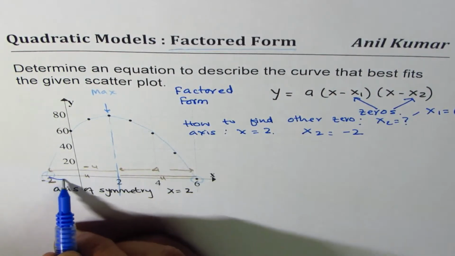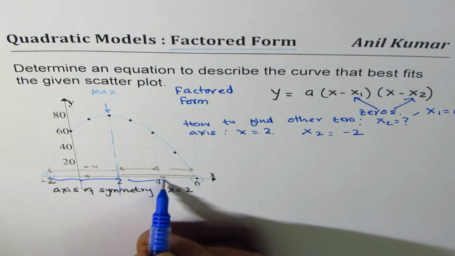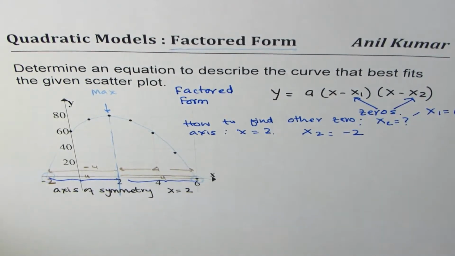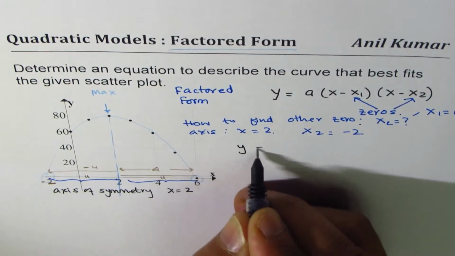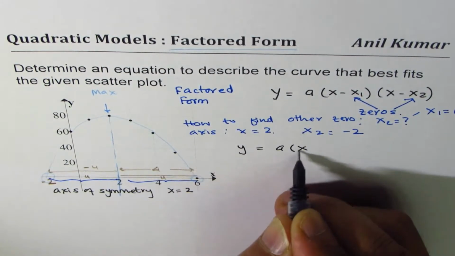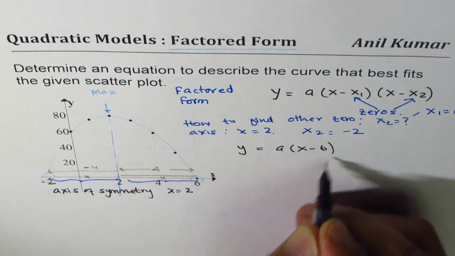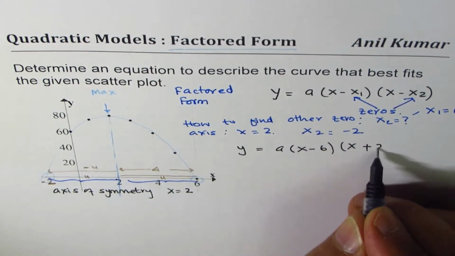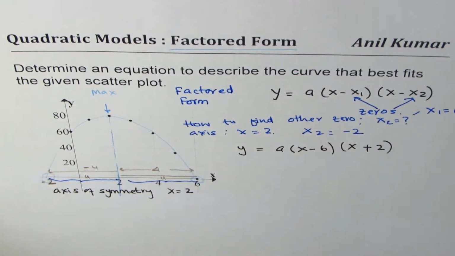This is very important to understand. Then we can write down our equation, which is y equals a times (x minus 6) times (x minus minus 2), so I can make it plus 2. So that is how you get your first cut at the equation.